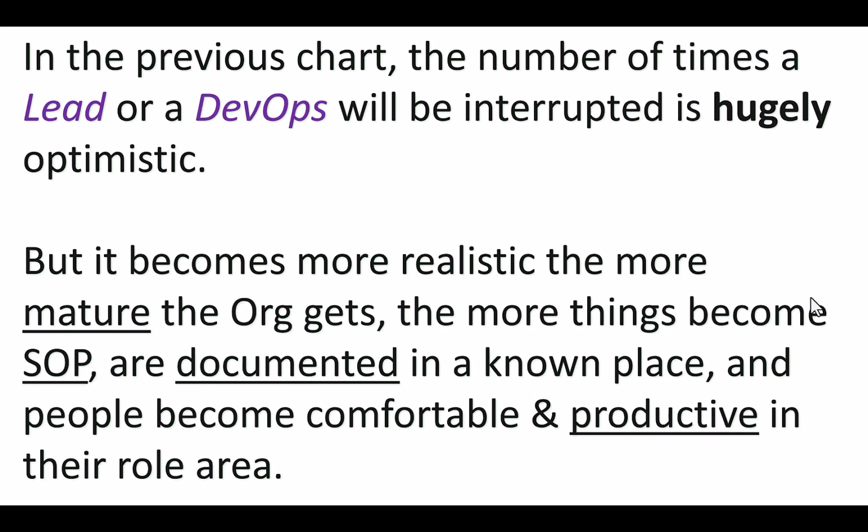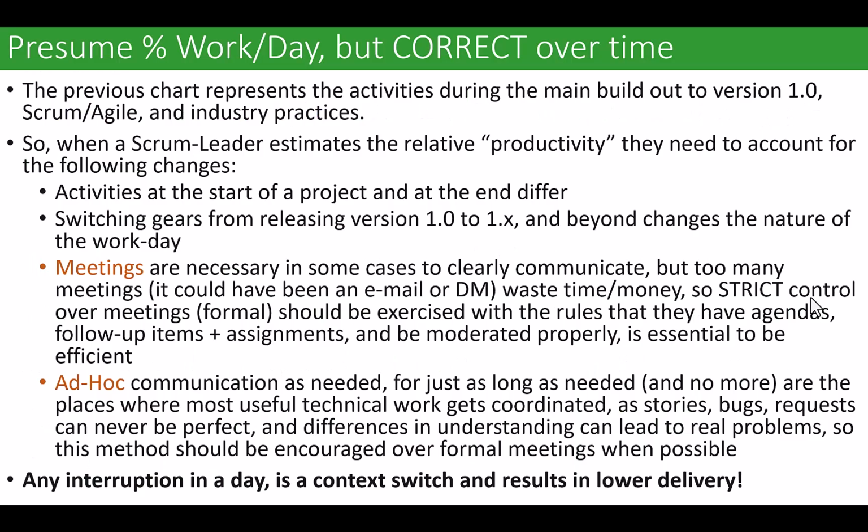Now, this only works if the churn on your project is manageable. If you have a 100-person team with a 5% churn or less, you can get to this place, this sustained engineering place. But if your churn is much more above that, the knock-on effect on the organization becomes worse and worse. You can presume a percentage workday as a place to start, but you gotta correct.